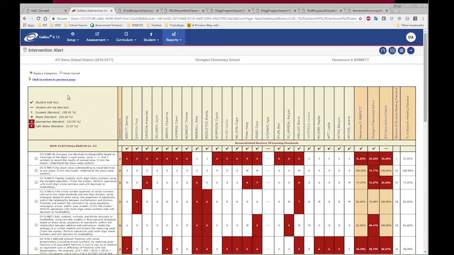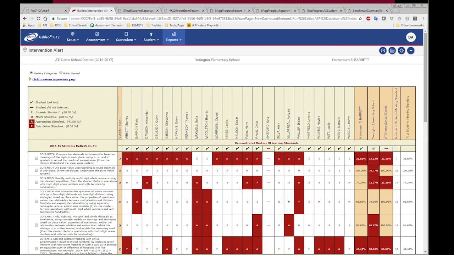This particular district chose to use a scale where, to demonstrate mastery, to meet the standard, a student would have to answer at least 60% of the questions for that standard correctly. In this case, there are 5 questions here, and a student would need to answer at least 3 of them correctly.